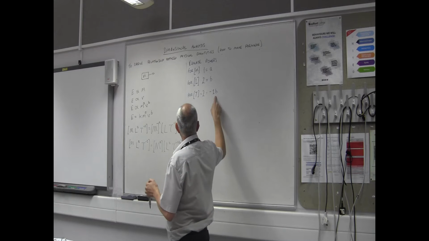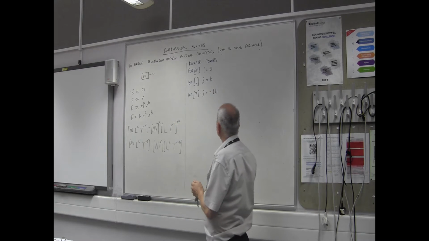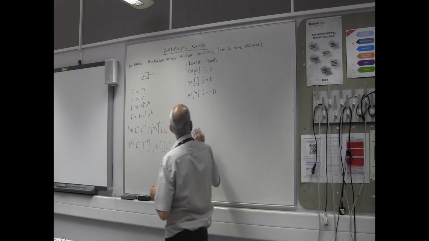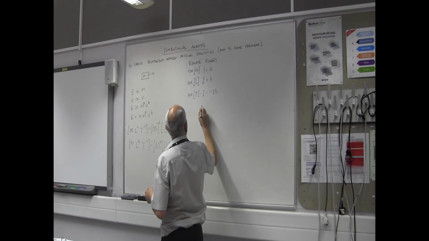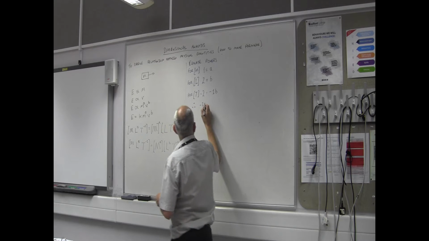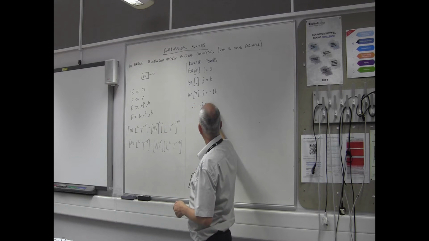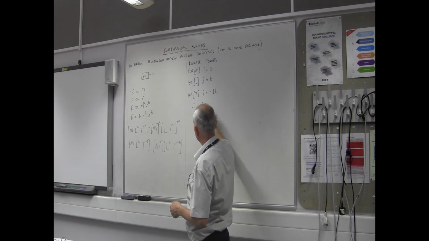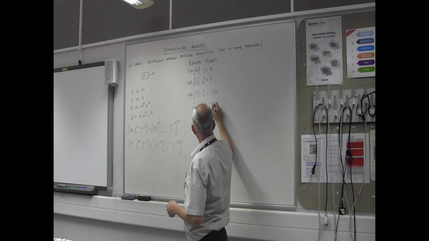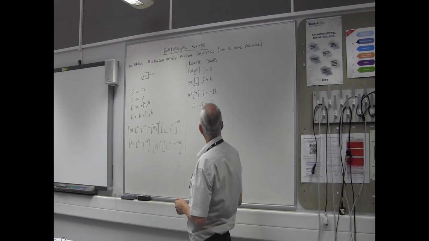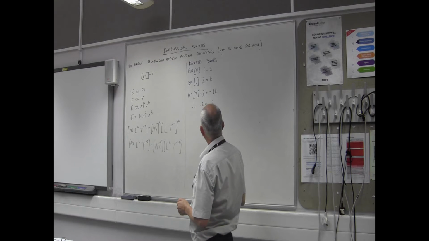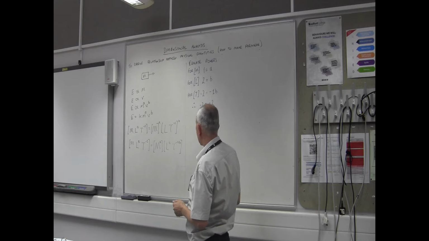Now, this one doesn't give me a solution, but I know what B is. So B equals, let's have a look, minus 2 equals minus 1 times 2. Have I got that right?